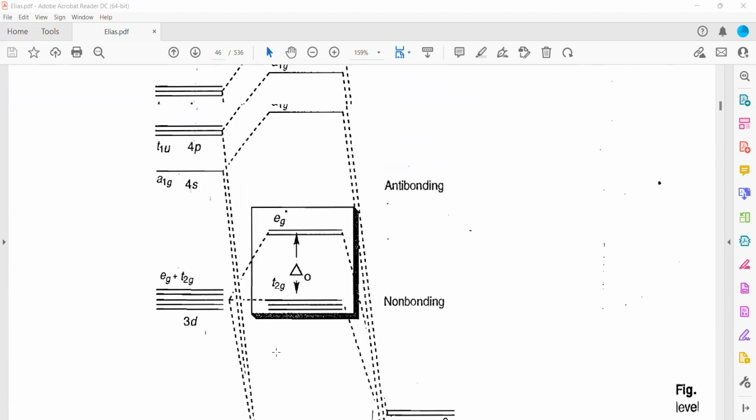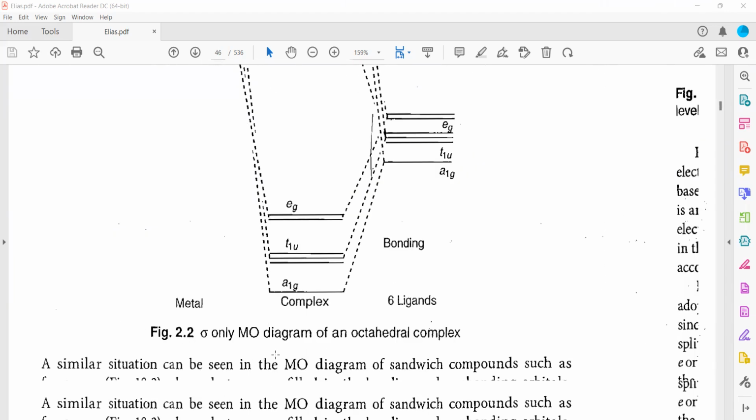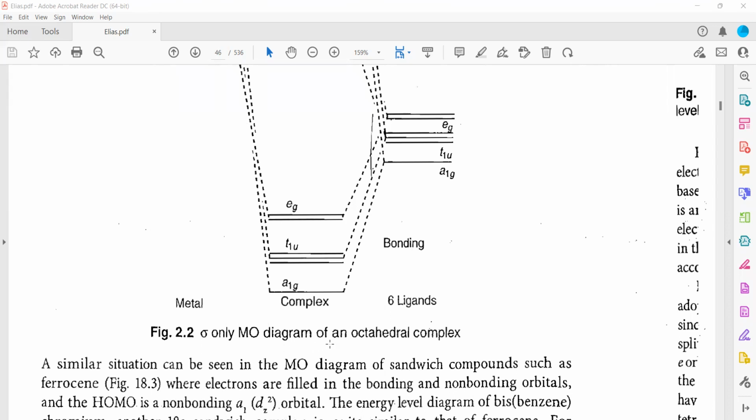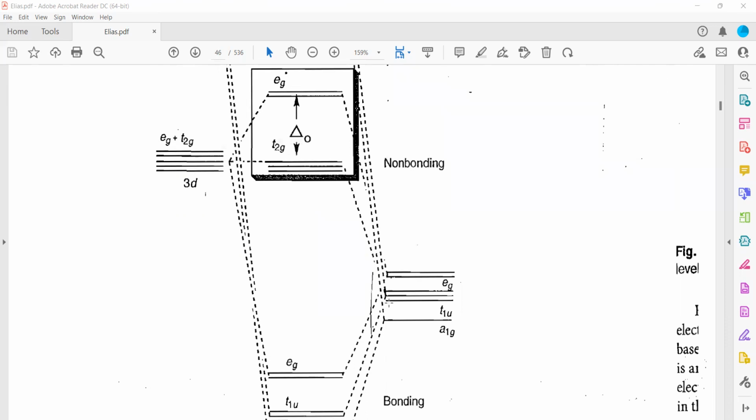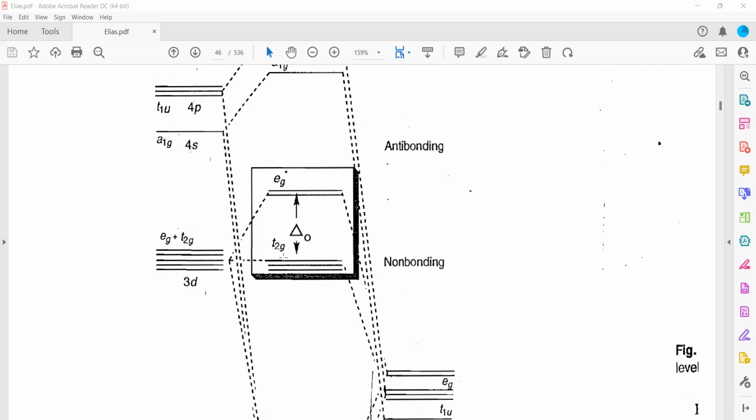So this is the molecular orbital diagram for the sigma-only ligands. In those cases, you have 6 bonding orbitals that can accommodate 6 times 2, that is 12, electrons in total, very close to the ligand. But there is T2g, which is non-bonding because it is pi symmetry.